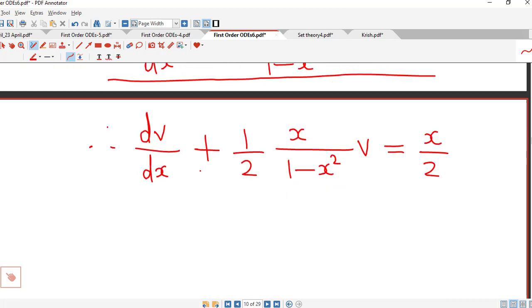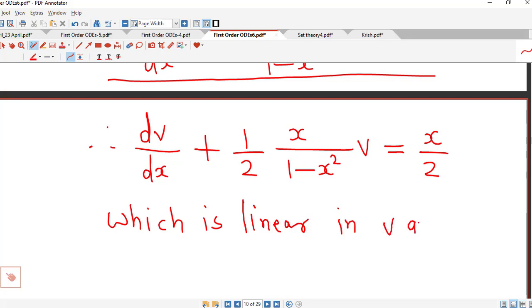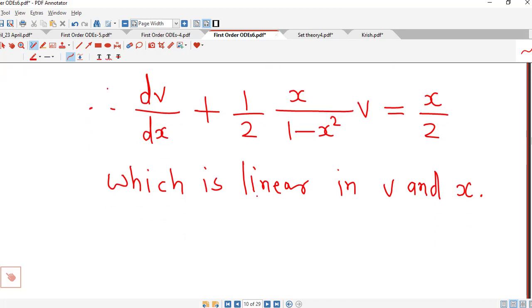So this is now linear in new dependent variable v and x, which is linear in v and x. So this is now easy to solve.